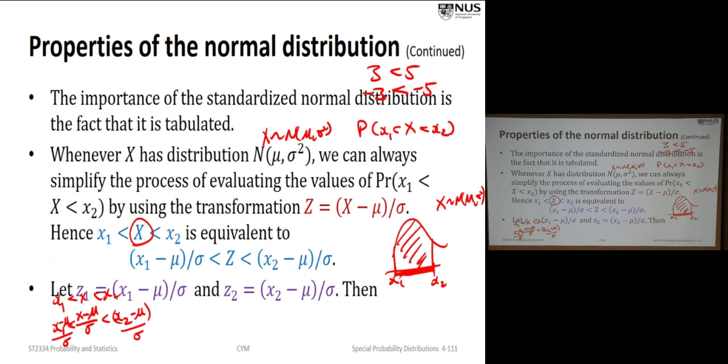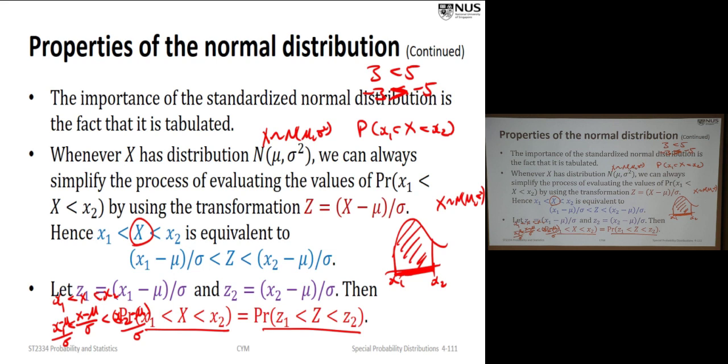No, minus 5 is less than minus 3. So when you multiply an inequality by a negative number, remember you have to reverse the inequality. All right, so this is equivalent to the probability of z between z1 and z2.